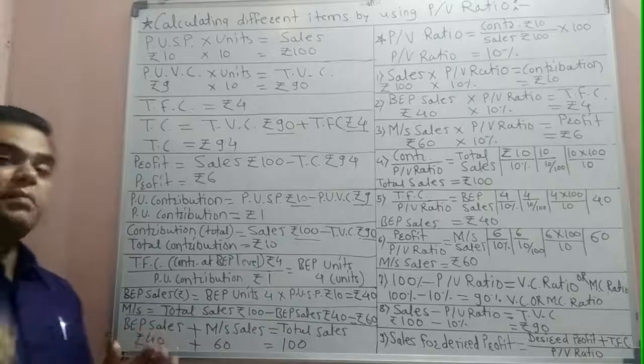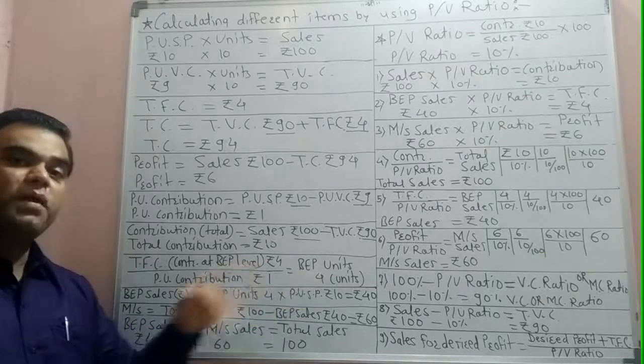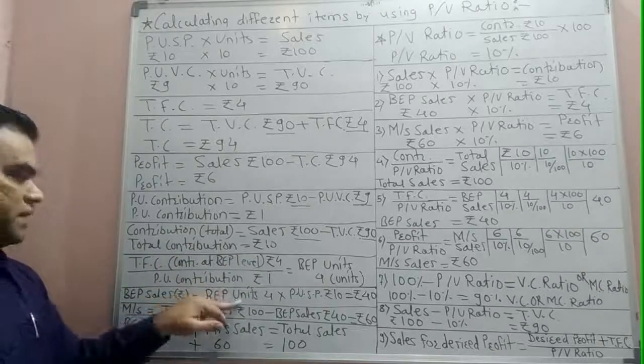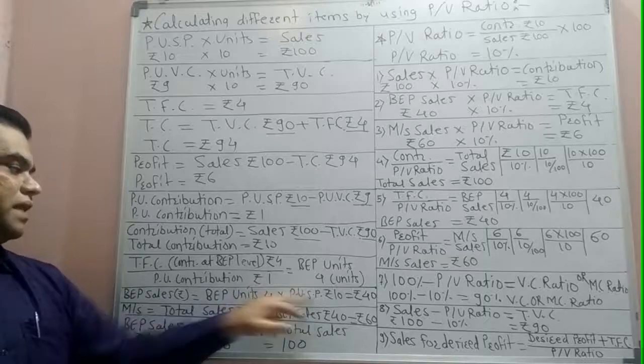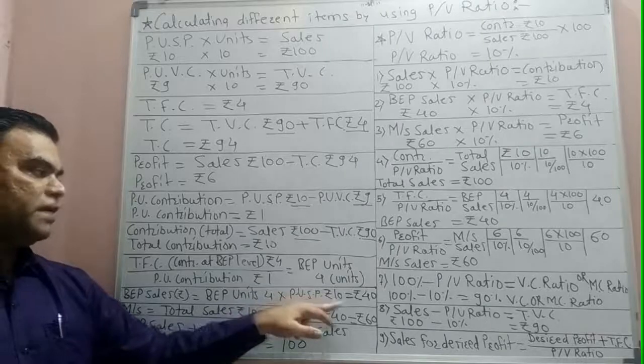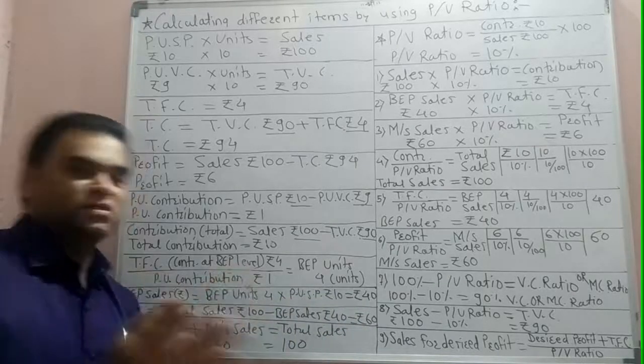Now what will be the BP sales in rupees? These are BP in units. Now BP sales in rupees. So BP sales in rupees equal to BP units into per unit selling price. BP units 4 into per unit selling price 10. 4 into 10, rupees 40 will be the BEP stage.